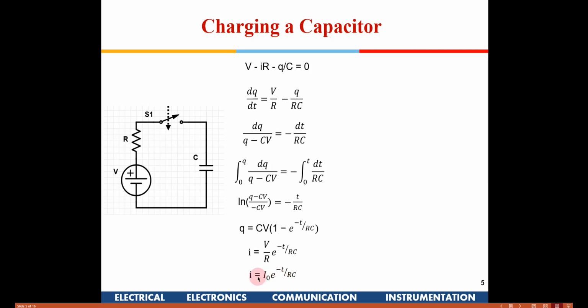So at t equal to infinity, I is equal to 0, and at t equal to 0, it is V divided by R. So the current exponentially falls from V divided by R to 0, and the voltage increases from 0 to V across the capacitor, again exponentially.